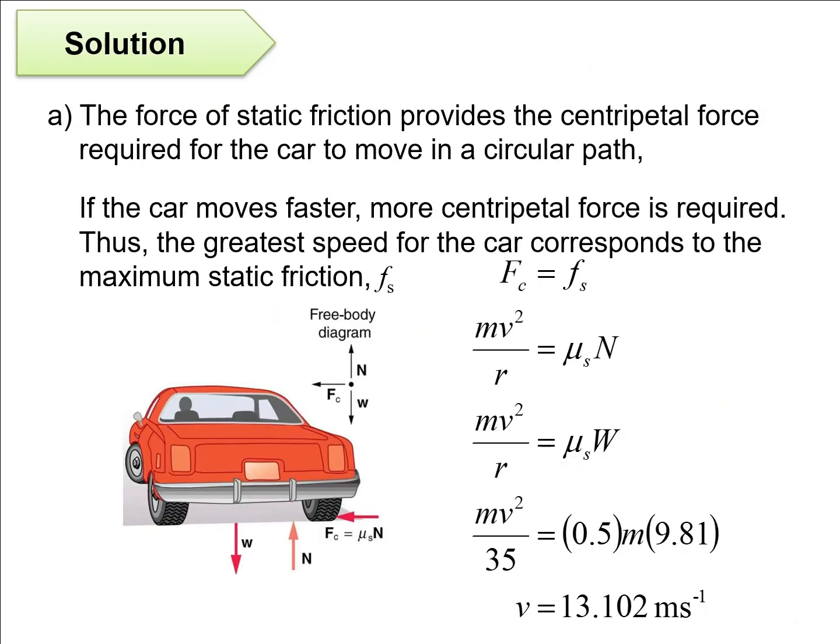Okay, so kita tengok yang first kali tu. The force of static friction provides the centripetal force. Okay, betul. If the car move faster, more centripetal force is required. Thus, the greatest speed for the car corresponds to the maximum static friction. Alright, dia bergantung kepada friction lah.